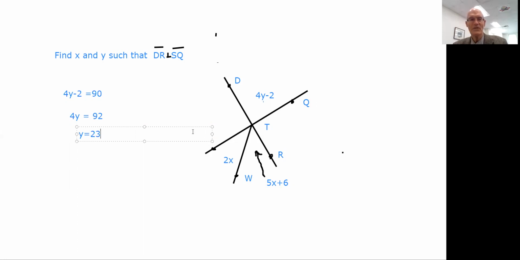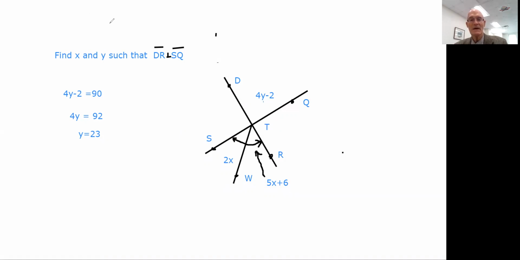So y is 23. Now, to get x, if you look down here, see RTS, this whole angle from here all the way across to here has got to be 90. And that 90-degree angle is made up of angle RTW and WTS.